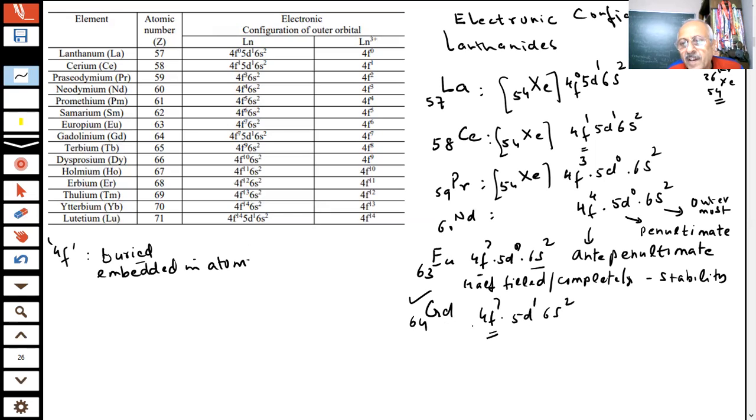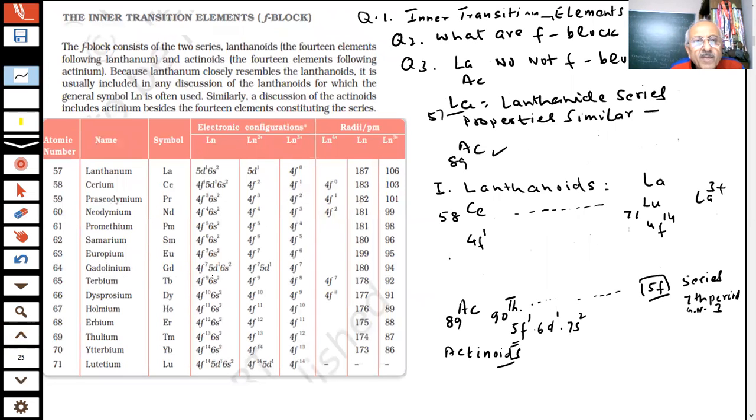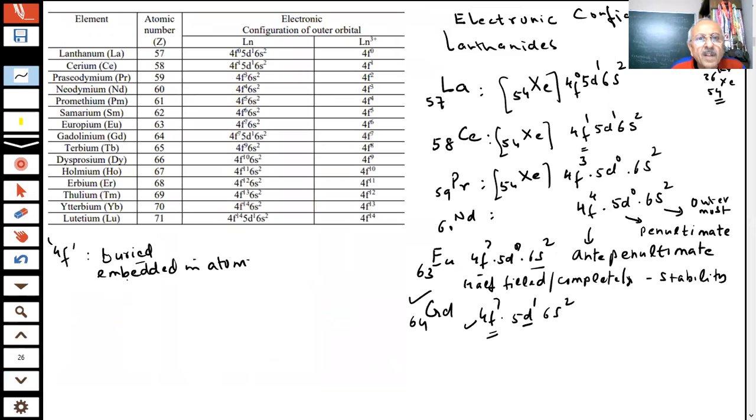Because this is half filled, one electron has gone to the d. Gadolinium, seen that? We'll show you what is the reason. Something is important here. Questions can be asked there.